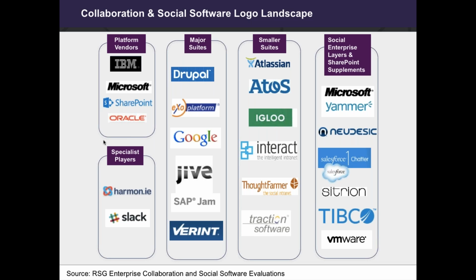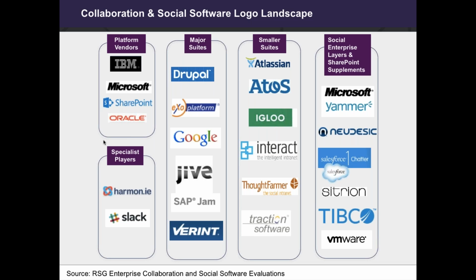And then you have these major suites, which are very interesting, and in many cases either extend or even replace what the platform vendors can do. Drupal, a lot of change going on there. If you're interested, we can talk about that. Google, still going after the enterprise market, although very much still an SMB, small business play. SAP, a little bit more noise and signal there, and of course Jive, a long-standing player with many Global 2000 customers.